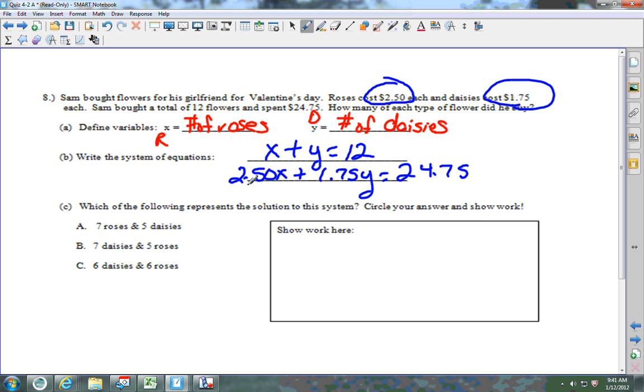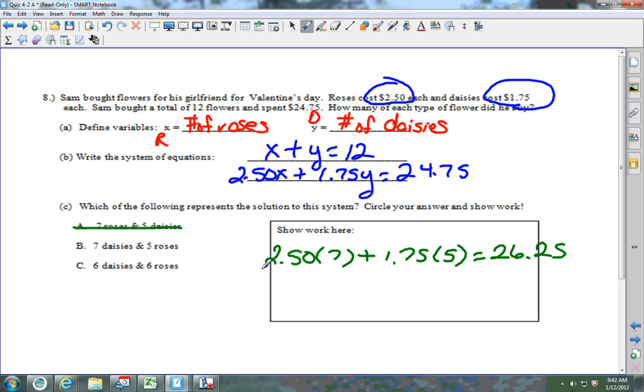Let's substitute in. Let's go through and say, all right, on the first one, 2.50 times 7 roses plus $1.75 times 5 daisies. What does that equal? If you multiply those together and add them, you get 26.25. Is that how much he spent? No. So this is not the right answer.